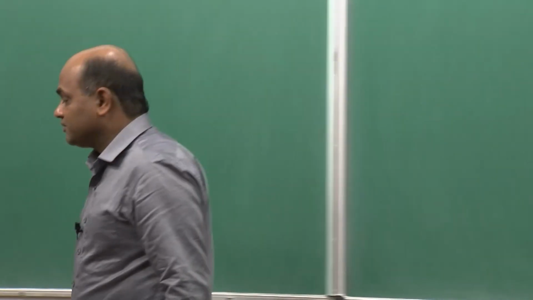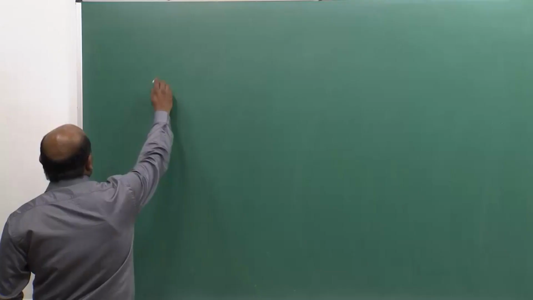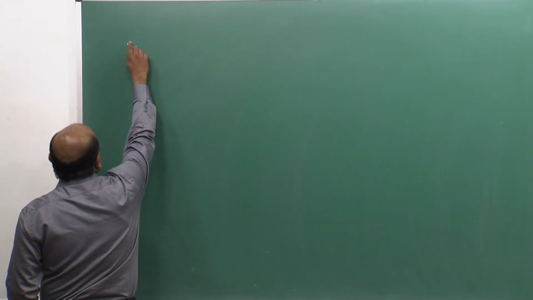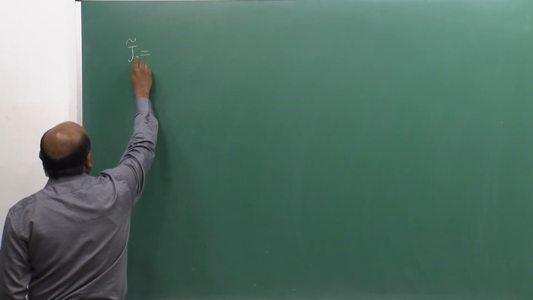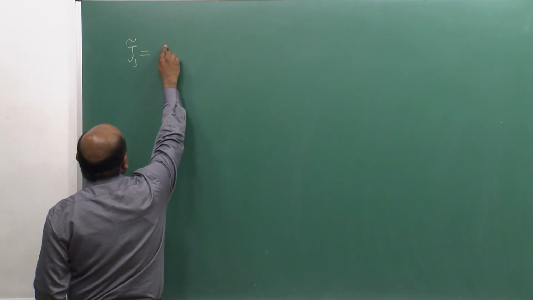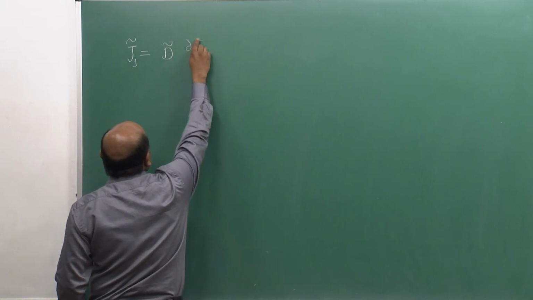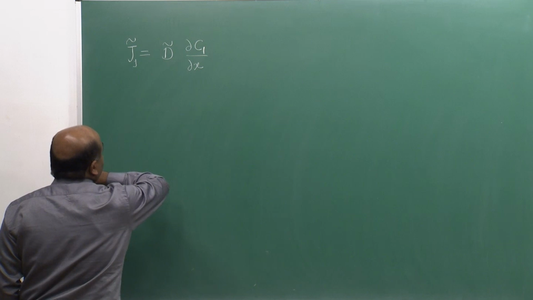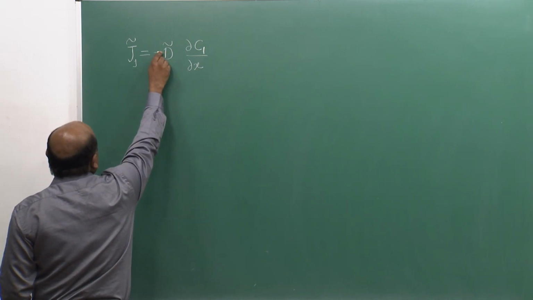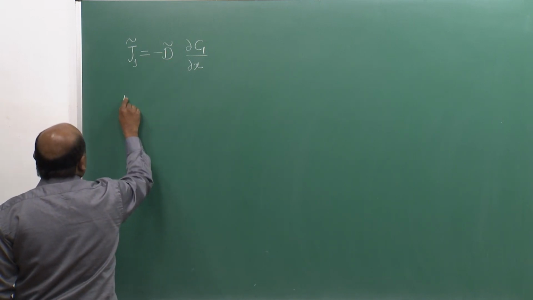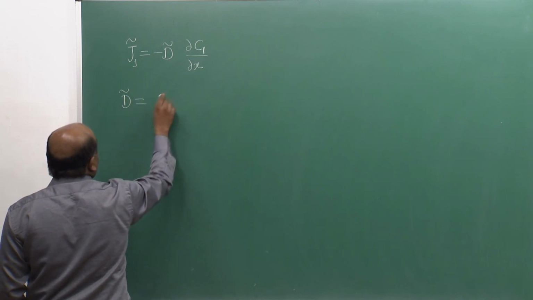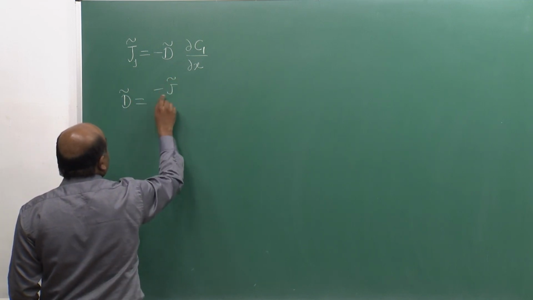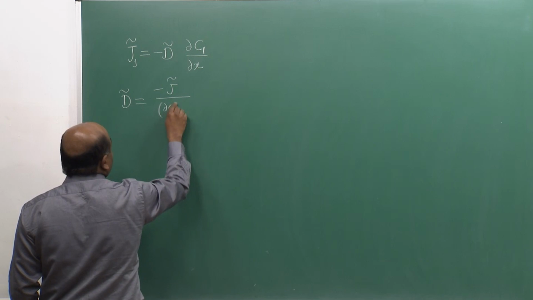So, we have seen for binary it is very simple, because there is only one interdiffusion coefficient that describes the interdiffusion flux of both the components. And so, we can get D tilde as minus J tilde over dC by dx.